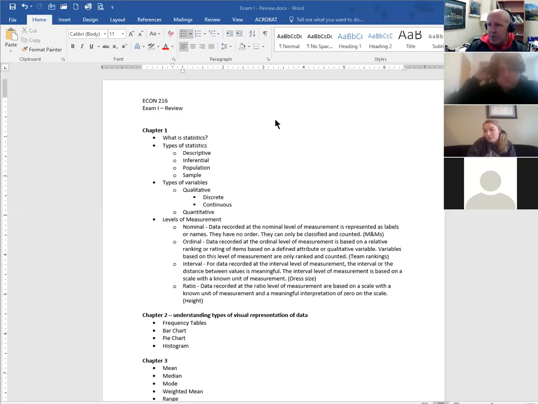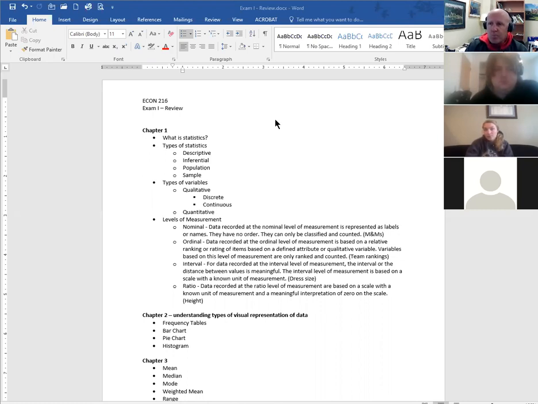And then we look at types of variables. Oh, no, I skipped a couple there, right? So I did talk about population and sample. I want to make a distinction with population. When we talk about that one, it's not necessarily that you have to be looking at the entire population of the United States or the state of Colorado or Western students or whatever, right?